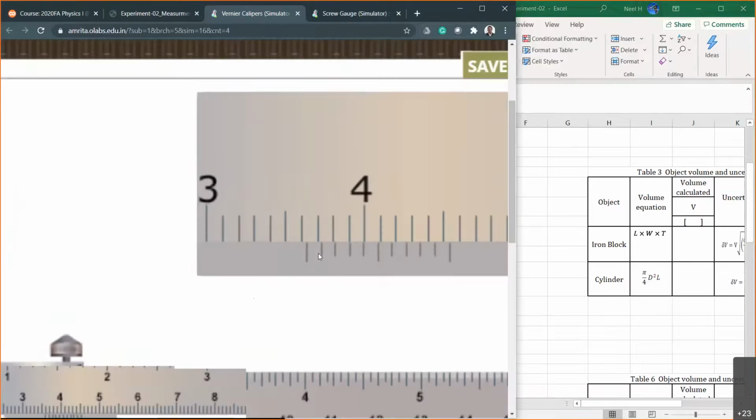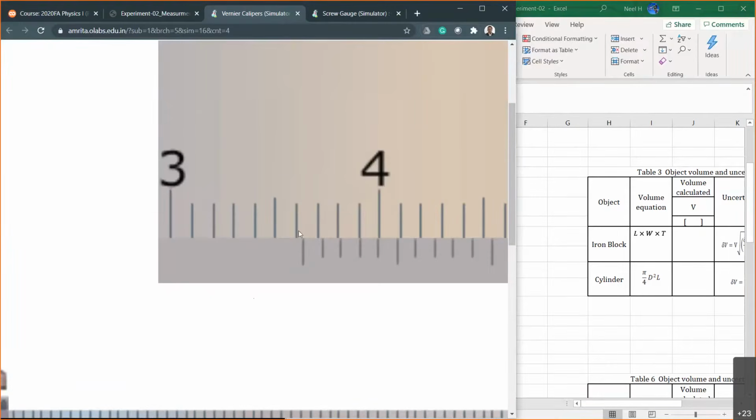If you take a look, there's a small difference right here. See that? This is the 36th millimeter line from the main scale, and this gray line is the starting point, the 0 of the vernier scale. What the vernier scale can do is tell you the value of this gap right here.